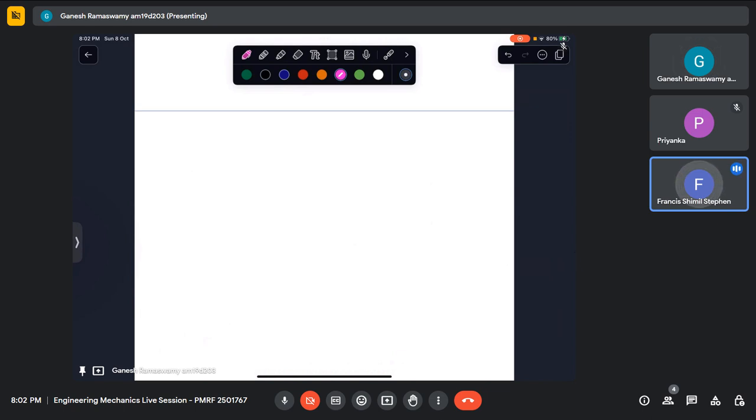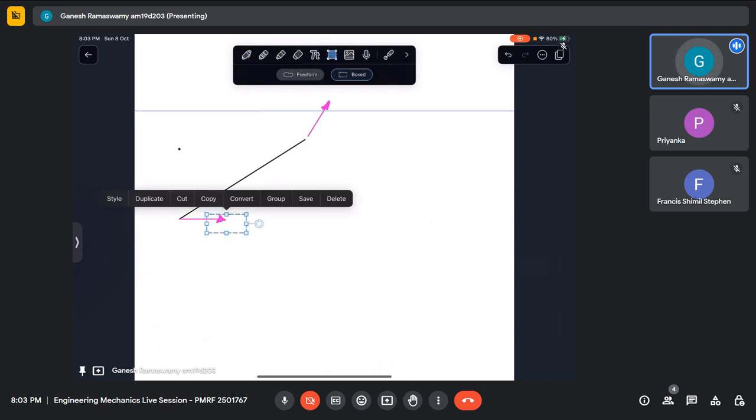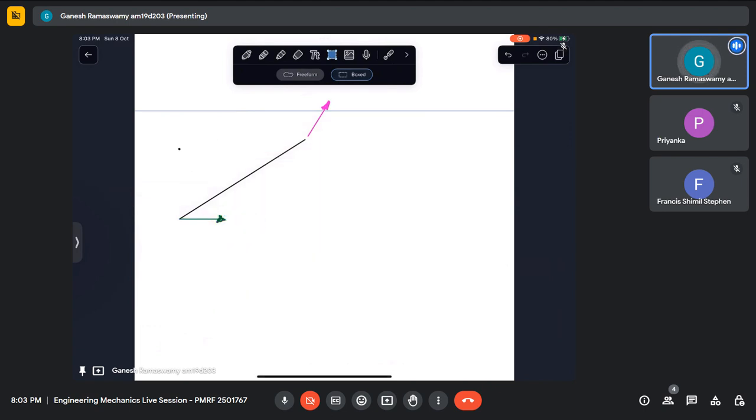Yes, I'll just explain that. Let the bar be like this. Let this point's velocity be like that along the wedge, and this has a velocity like this. Let this be theta 1 and let this be theta 2.